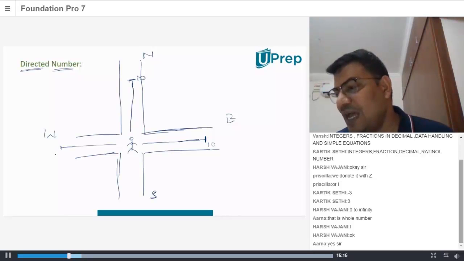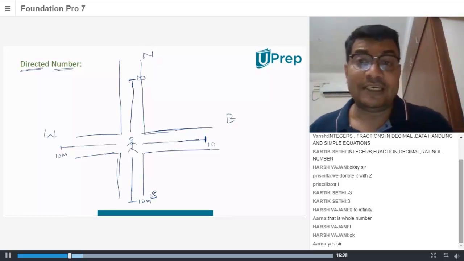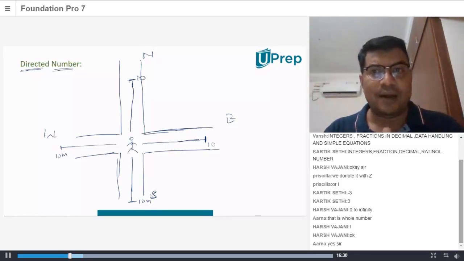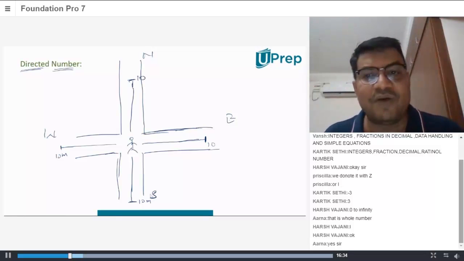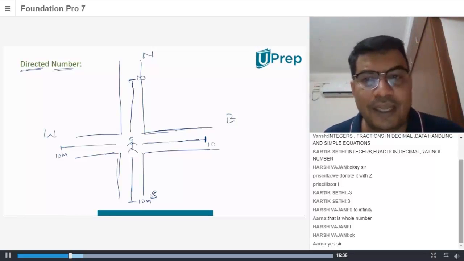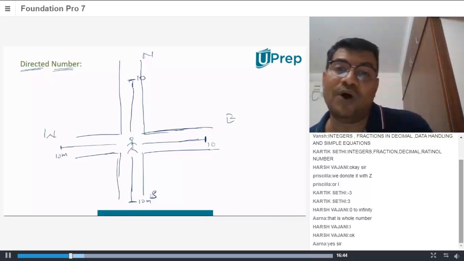If someone tells you 10 meters towards south, you will travel and say you have reached 10 meters towards south. Now, if you know the directions, you can say this is east, this is west. But if you don't know directions, and someone wants to tell you to go 10 meters, the only way you can look at it is 10 meters forward.